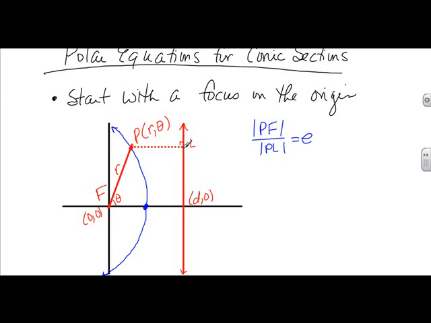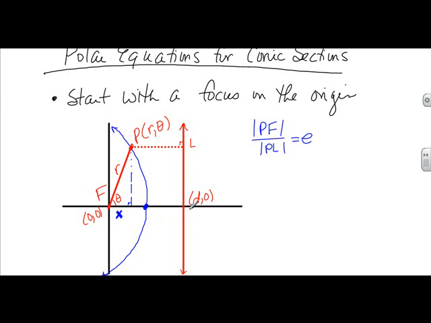But we're not actually going to be measuring this distance right here. So here's what I'm going to do. I'm going to drop an altitude from P down to the x-axis. And this x value here, this distance along the x-axis, is what we have to take away from the entire distance d.